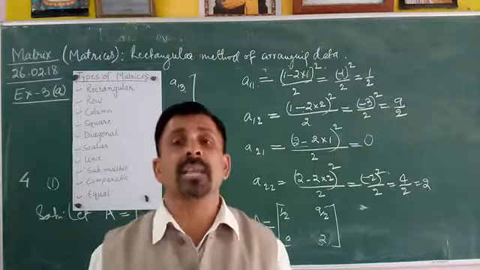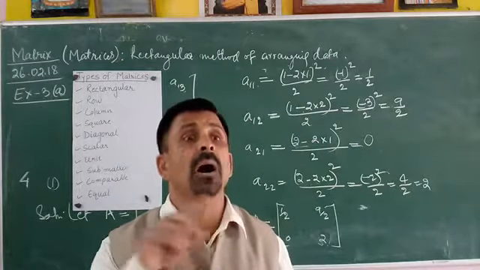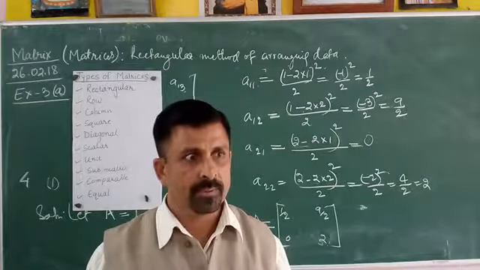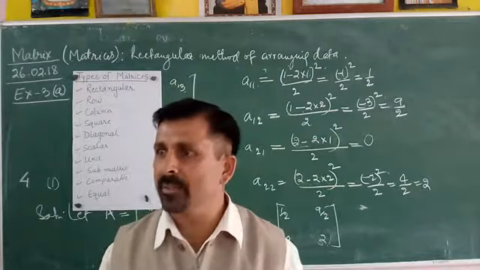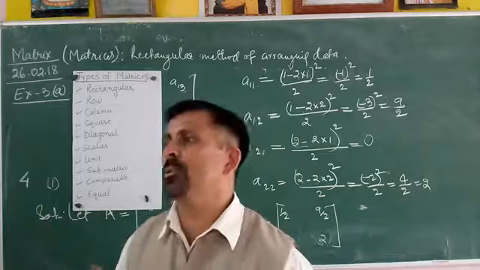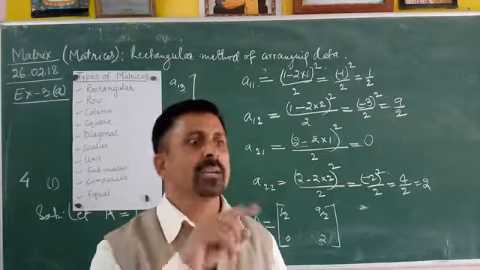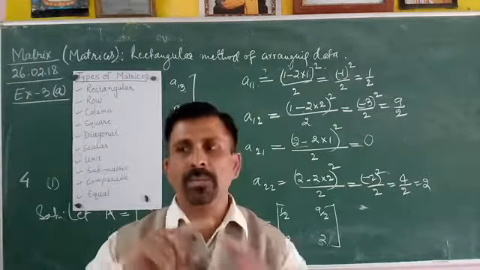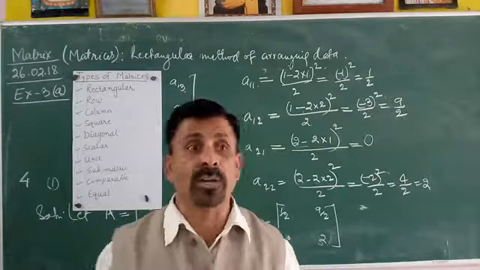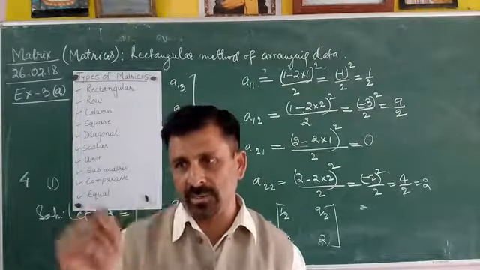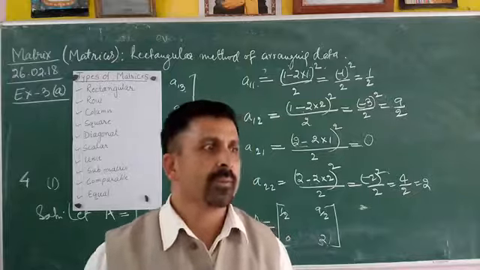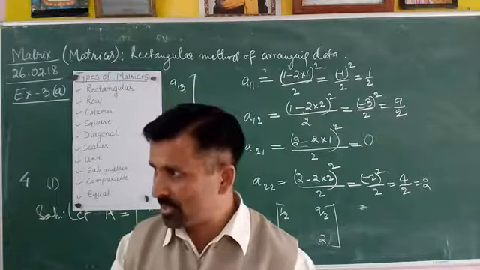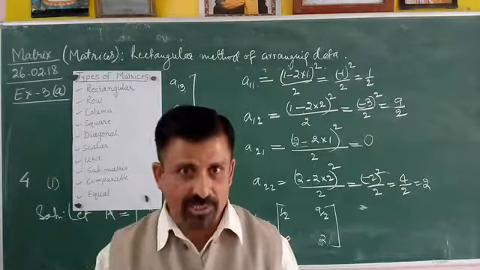And this unit matrix can be represented by a capital letter I. For other matrices we don't have any notation, only for the unit matrix. It can be denoted as capital I. Suppose you have a unit matrix of the order 2 by 2, then we can write in shortcut I2. I means unit matrix, and 2 means the size of the matrix is 2 by 2.